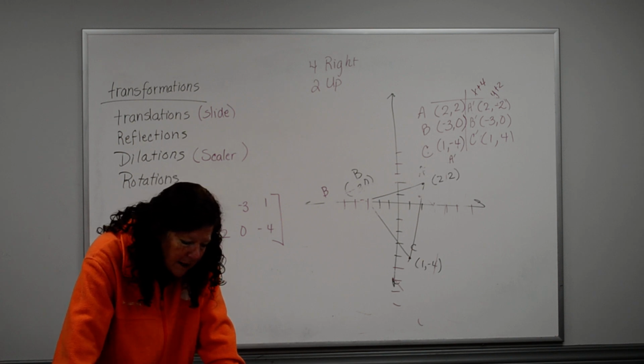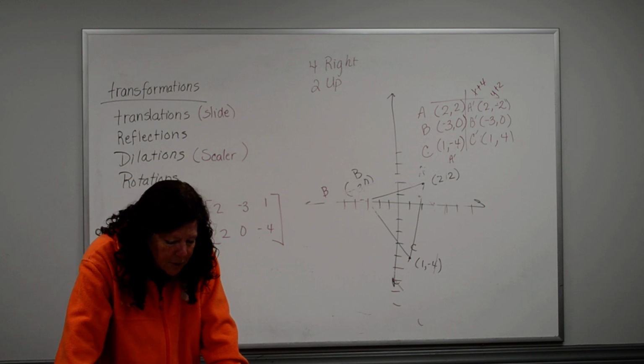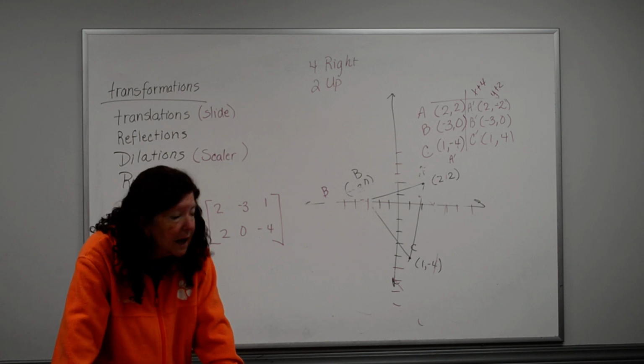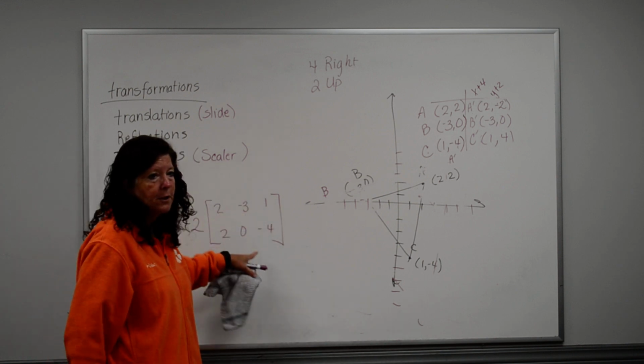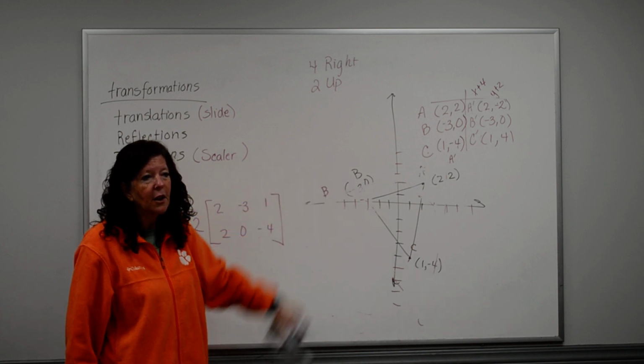If you are reflecting over the x-axis, you multiply your matrix by 1, 0, 0, negative 1. If you're doing it over the y, negative 1, 0, 0, 1. So if you take your points and set them up in matrix form, you can multiply by that matrix to reflect them over.